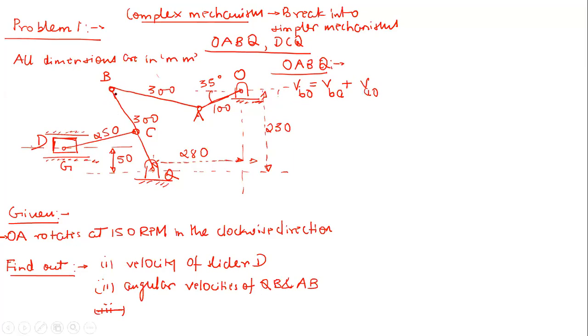So it's obvious why I started my analysis with this point B. Can anyone give me the reason? So why did I start my analysis with this point B? Point Q and point O are fixed points. Right. So see, point Q and O are fixed. The velocity of this point A, is it known to us or not?